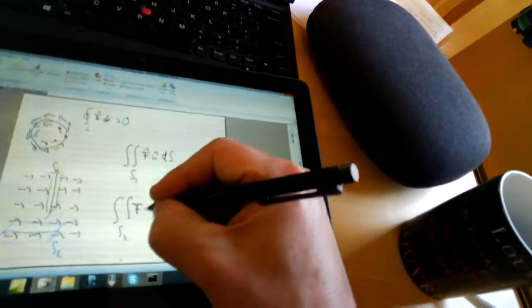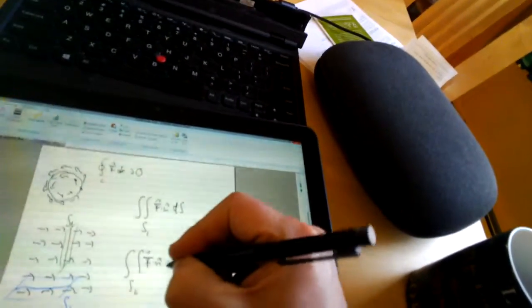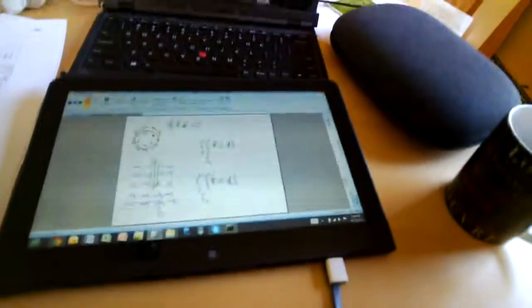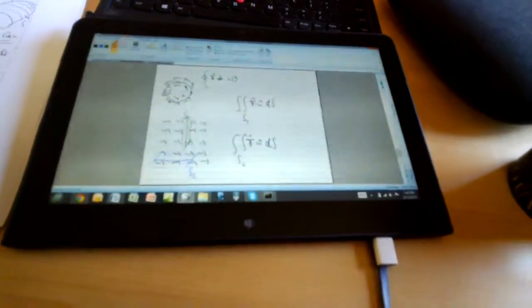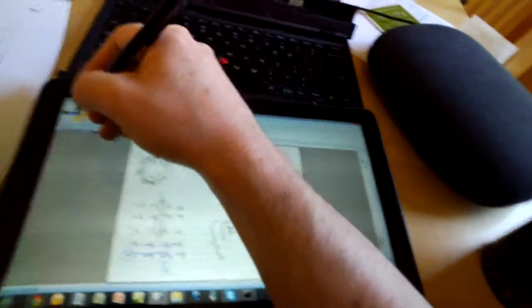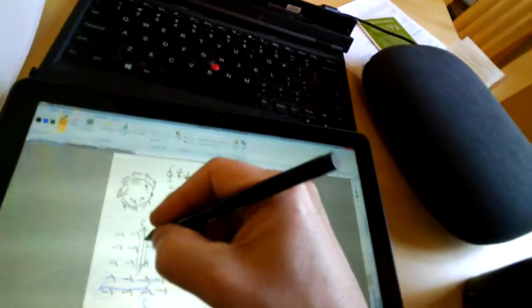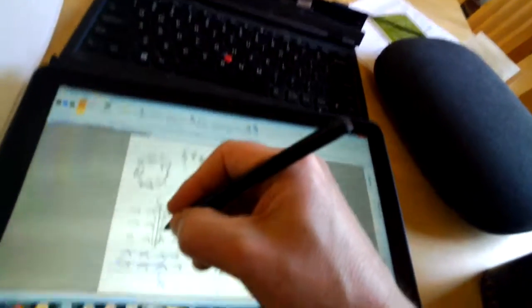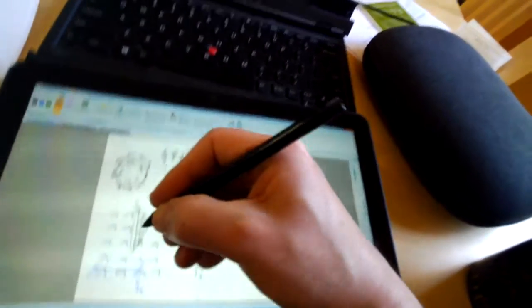F dot n dS. Now, in both cases of my surfaces here, S1 and S2, I can fairly easily find the normal vector that I need, because the normal vectors to the green surface, the S1 surface, would look like this. They would be parallel to the vectors of my vector field, like this.